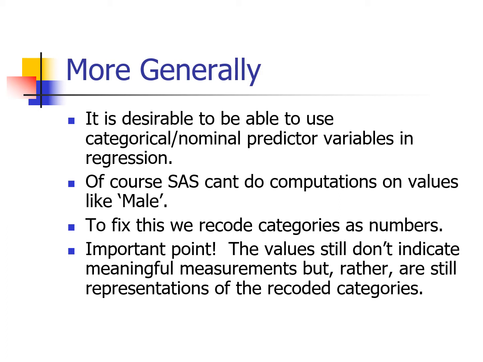But we must never lose sight of the fact, and it is easy to do, that just because we recode these things as numbers, they are not in fact numerical. The numbers are representing categories, and the variable hasn't changed. It's still inherently a categorical variable.